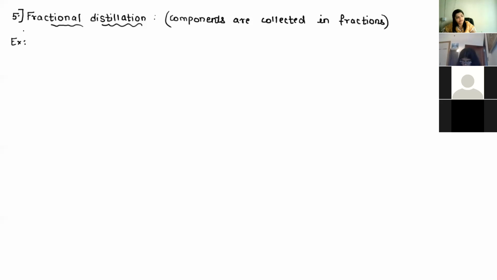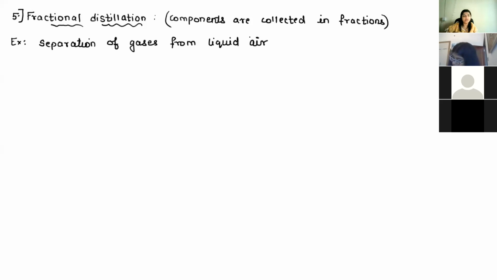Example, separation of gases from liquid air. So let's say I want to separate nitrogen from air.